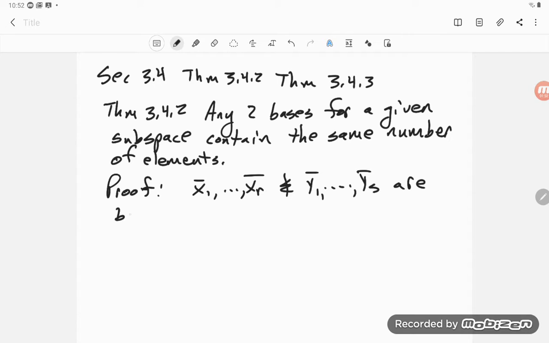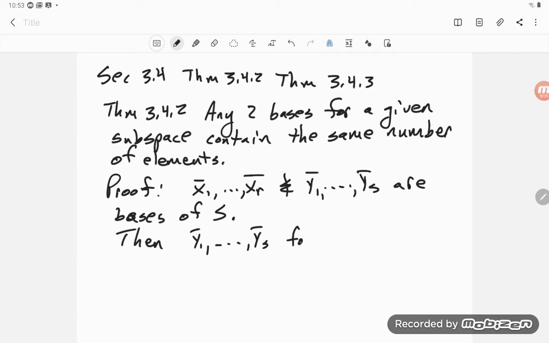So these are bases of S. Well, then they point out the y's, so y1 up to ys. Now, by definition, they're bases, right?